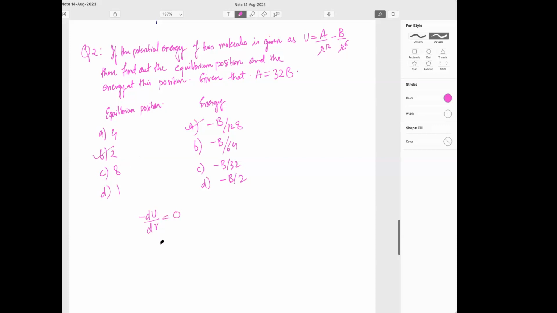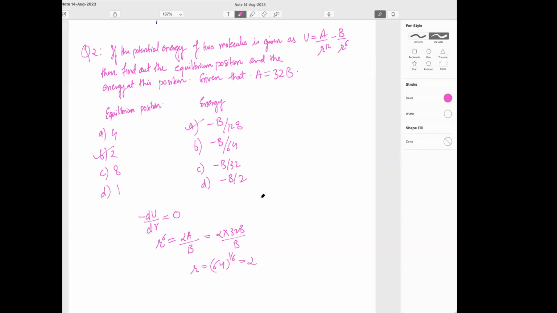So what we get is R to the power 6 equals 2A by B. And when we substitute this, we get 2 into 32B divided by B, to the power 1 by 6.